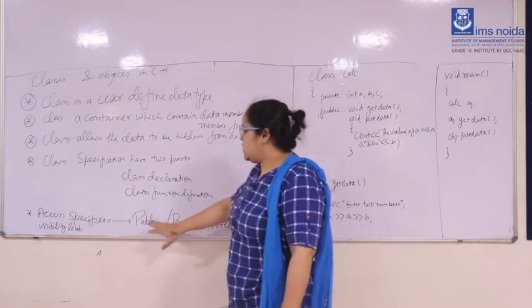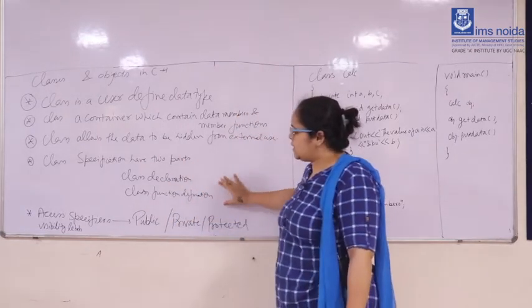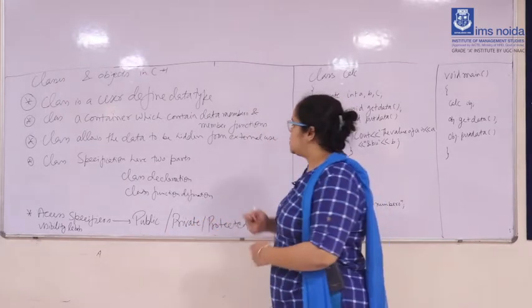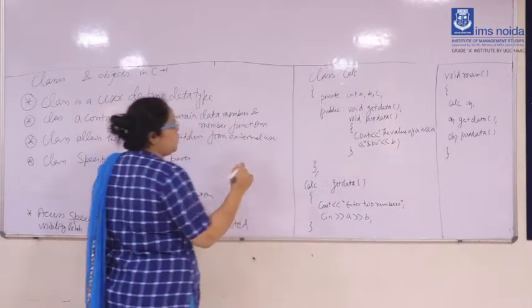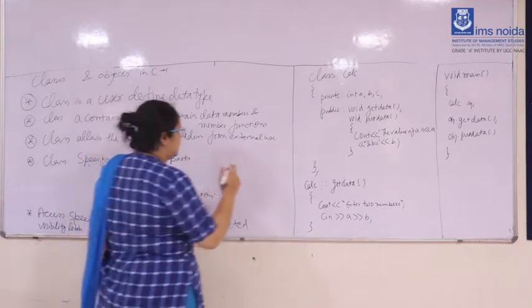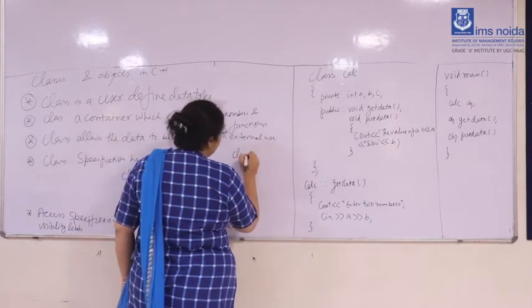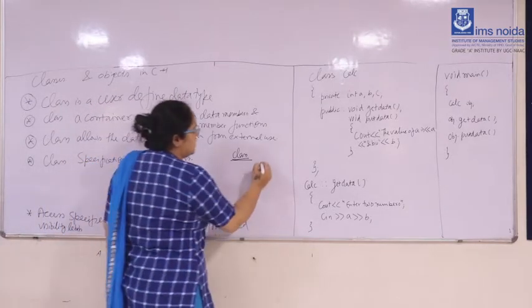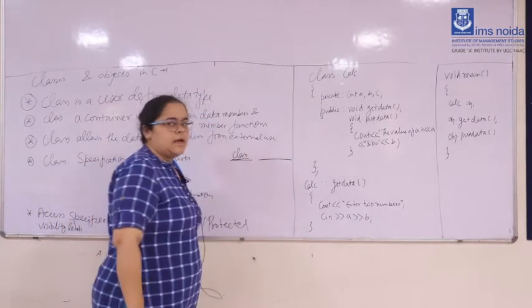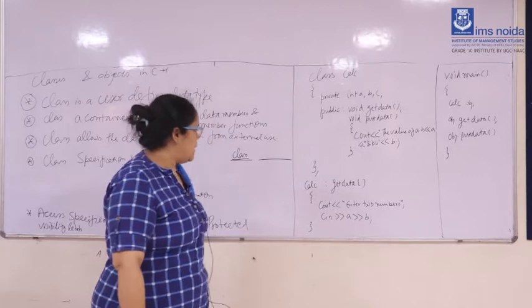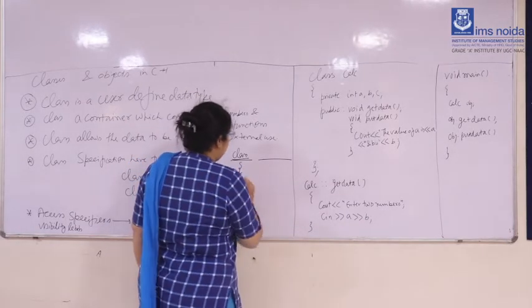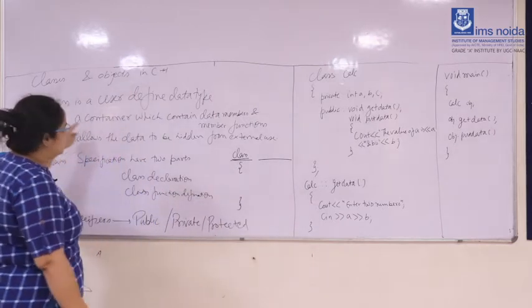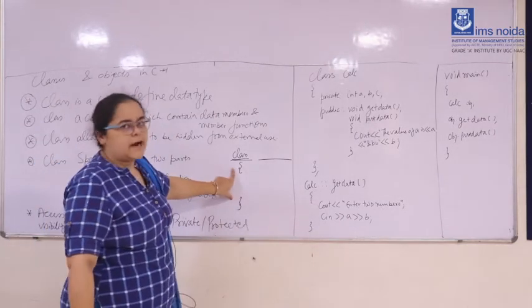Now I'll give you the example for class declaration, class function definition, public and private. First we have to understand what the syntax of a class declaration is. First you have to use the class keyword, then a class name. You can put any name as per your own wish, then these braces, and this is the container I discussed, that a class is a container.